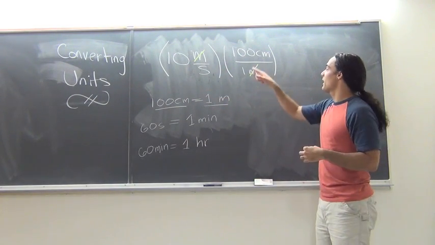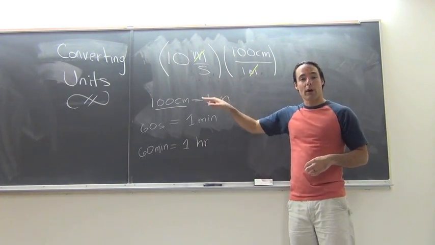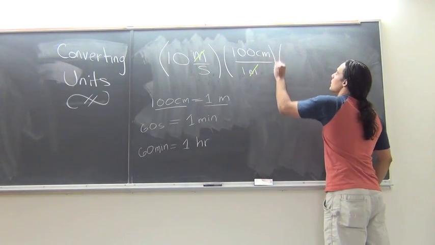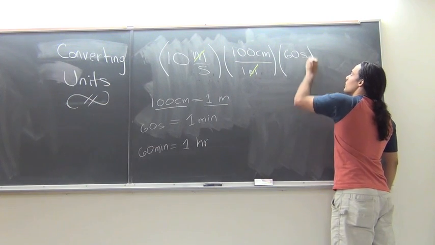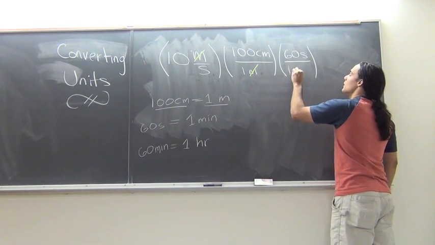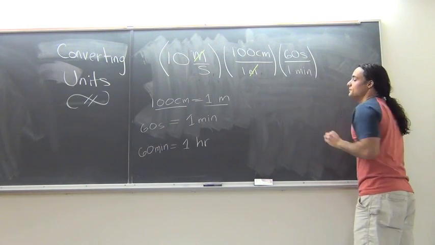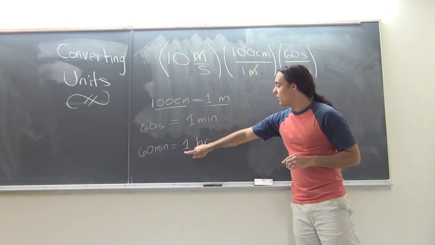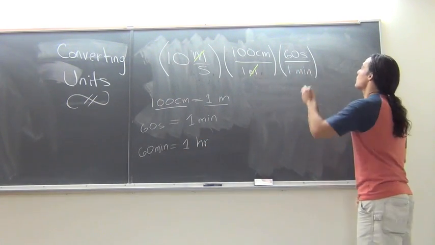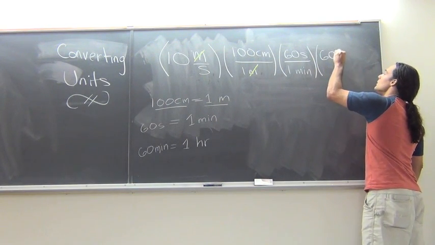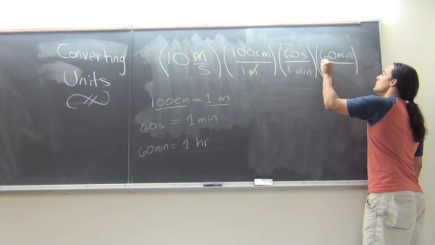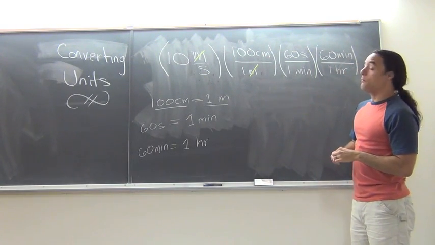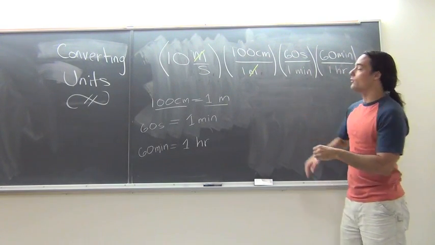Instead of multiplying by centimeters over meters, now I'm going to multiply by seconds over minutes. So I know there are 60 seconds in 1 minute. Similarly, I know that there are 60 minutes in 1 hour. And if I just look at my units here, I can see that the seconds are going to cancel out.